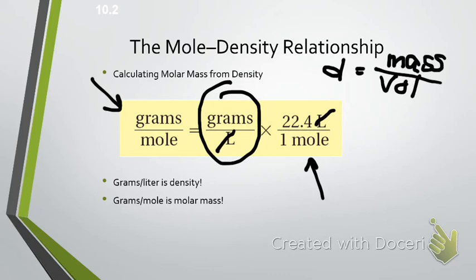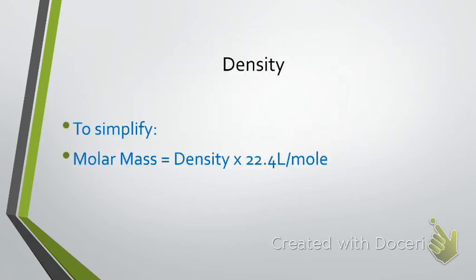Grams per mole is molar mass. So we can make a relationship with molar mass, density, and volume. To simplify that, we can say molar mass equals density times 22.4. This is another algebraic formula that you need to know.